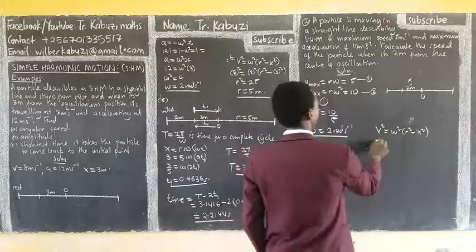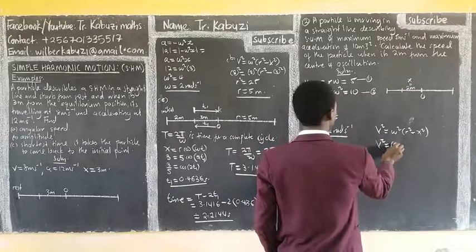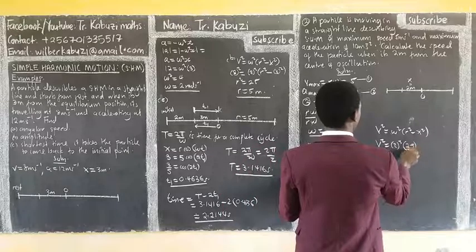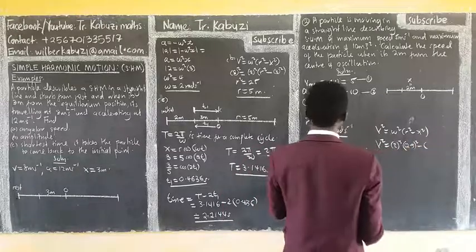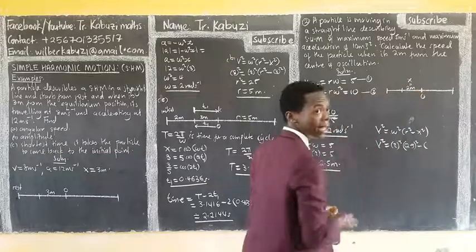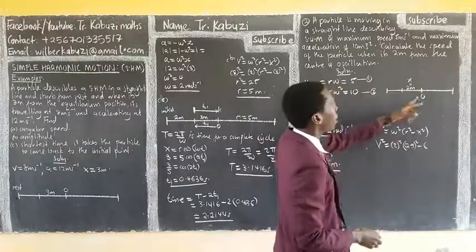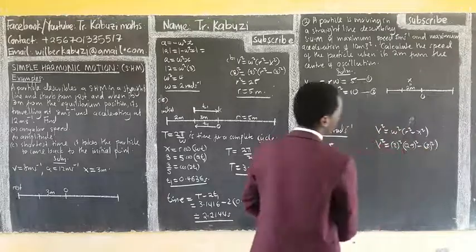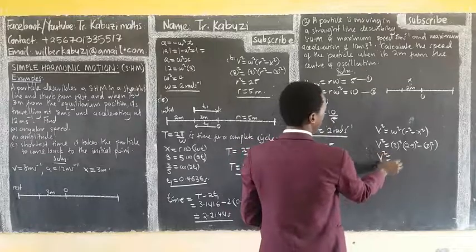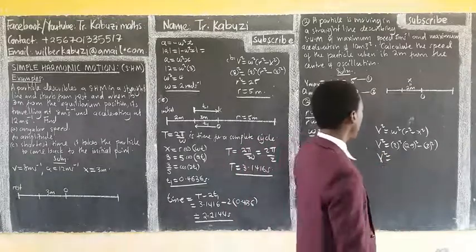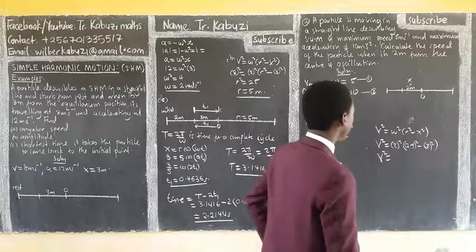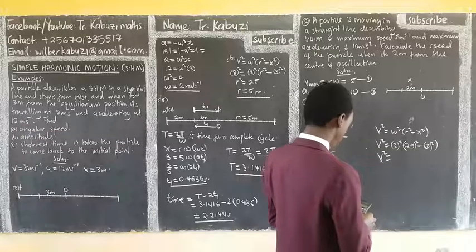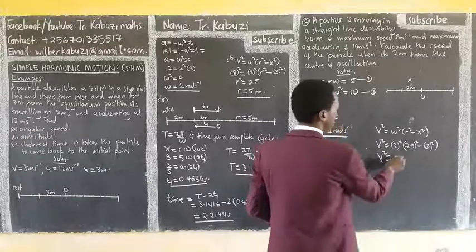So my v squared will be 2 squared into 2.5 the whole squared, minus x, the distance from our equilibrium position, which is 2 the whole squared. And from there, this is going to be times 4. That's going to give us 9. Then times 4, we are getting 9.